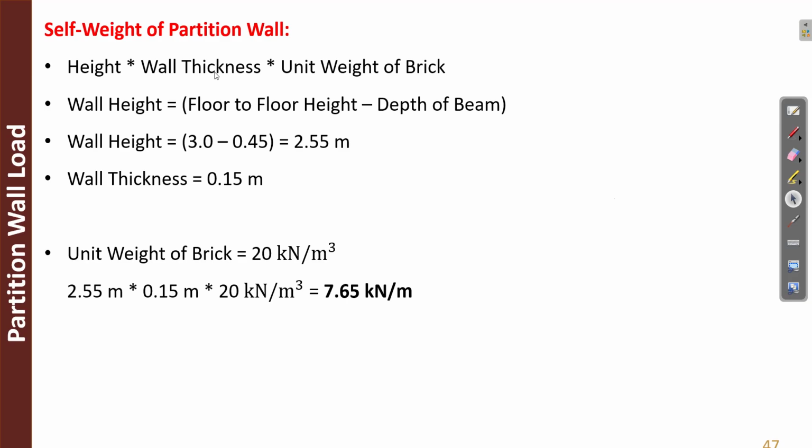Next is self-weight of partition wall. What is the difference between main wall and partition wall? Only the change in wall thickness. Your main walls are 9 inch and 8 inch walls, while your partition walls are 5 inch or maybe 6 inch. Same formula: height of the wall multiplied by wall thickness multiplied by unit weight of wall material.